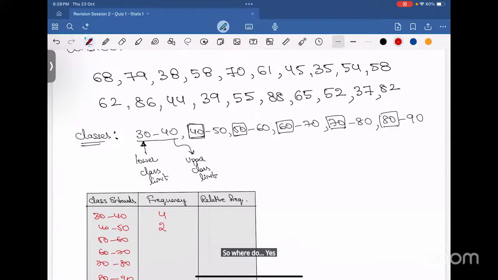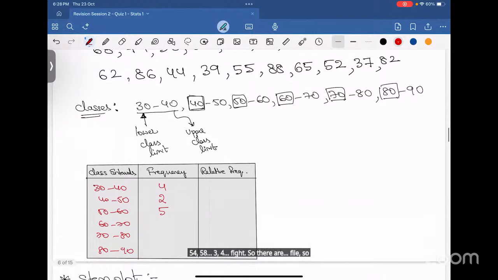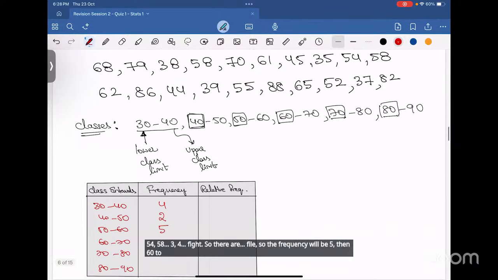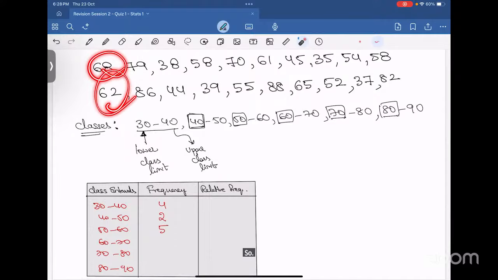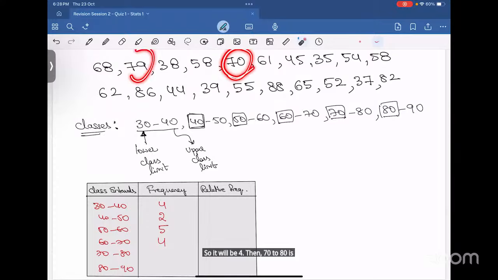Similarly 50 to 60: 58, 54, 58, 55, 52. So the frequency will be 5. Then 60 to 70: again, you should not count 70, because 70 goes into the next class. So 68, 62, 61, 61, 65. So it will be 4. Then 70 to 80 is 70, 79.